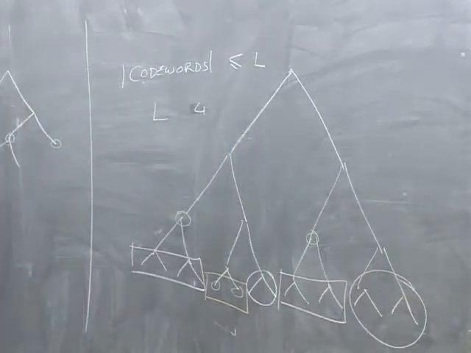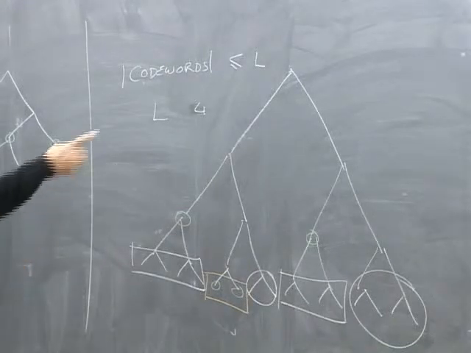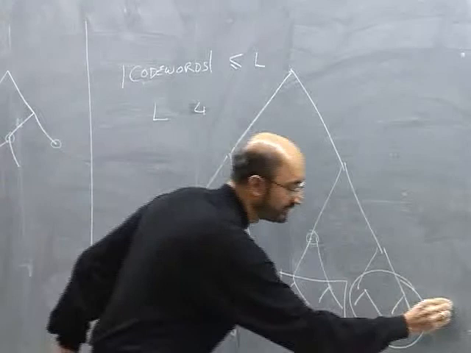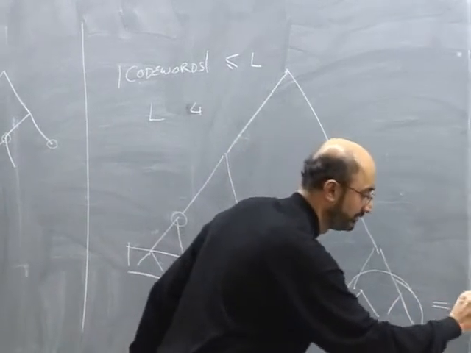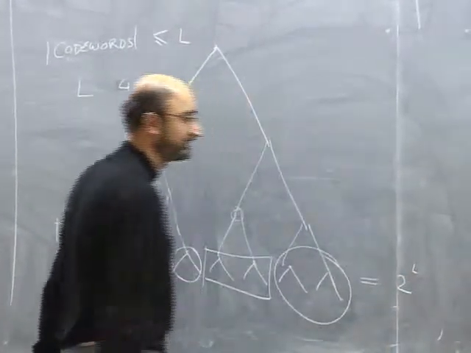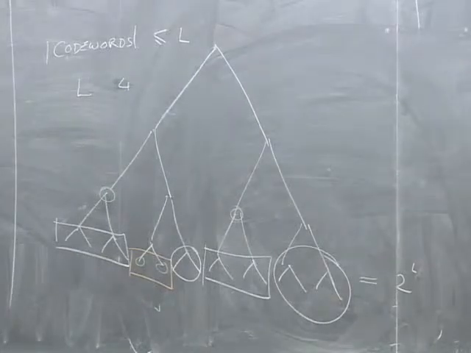It should be clear that all leaf nodes must fall into one of these 3 categories. Either they're code words, or they're descendants of code words, or they're neither. If L is given to us, we know there are 2 to the L such nodes, in this case 2 to the 4.